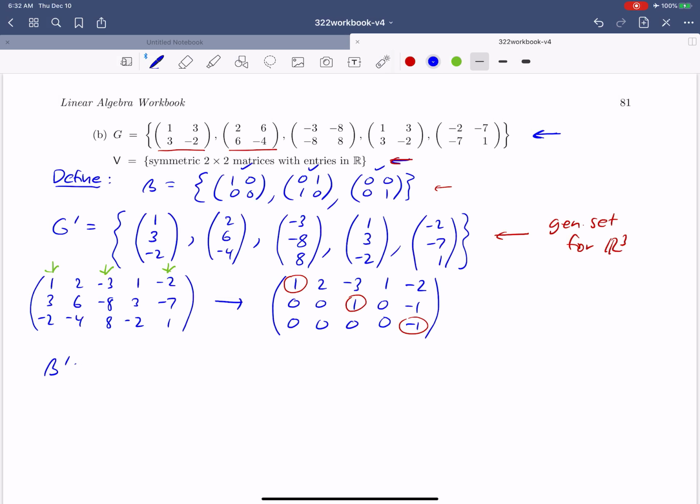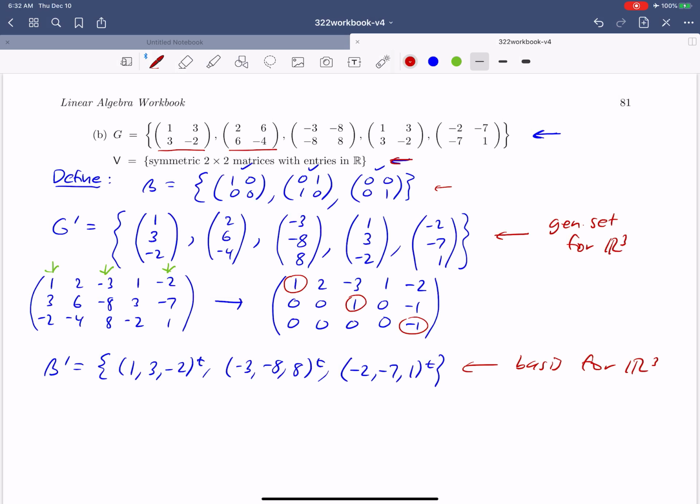So beta prime equals, and I'm going to write them in row form this time, 1, 3, negative 2; negative 3, negative 8, and 8; and negative 2, negative 7, and 1. That is a basis for R3.